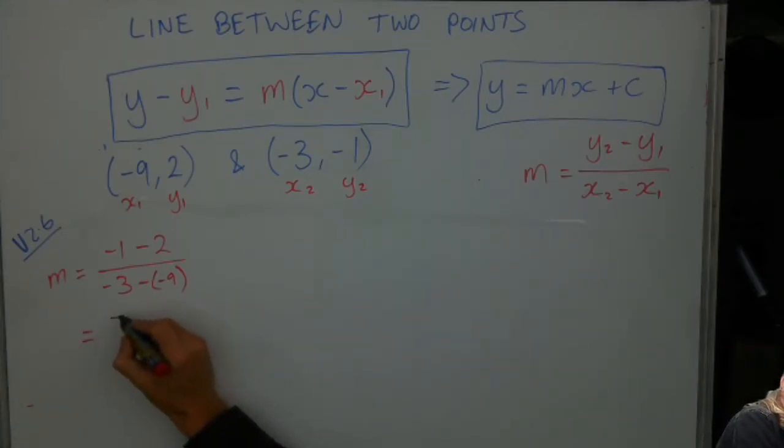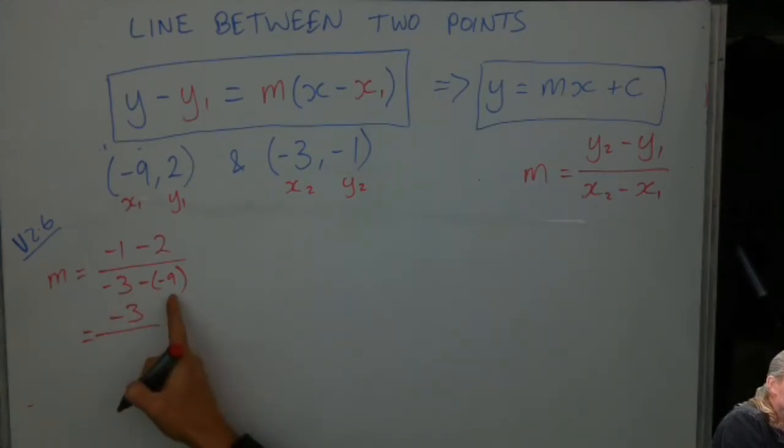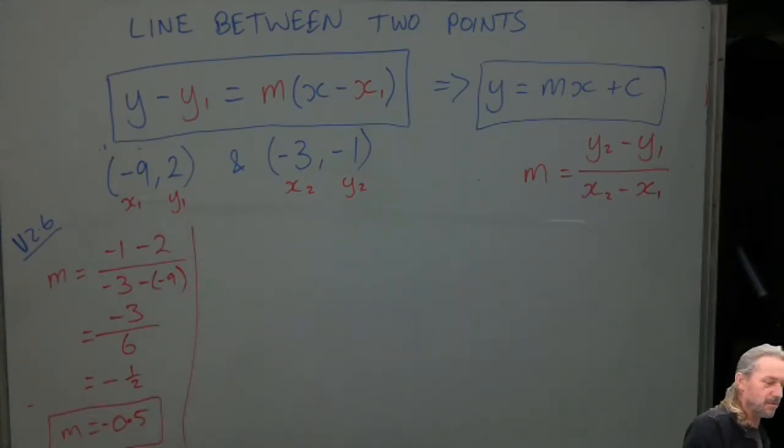So we've got negative 3 over negative 3 plus 9 is 6. So this is negative a half or negative 0.5. Let's just go with negative 0.5.